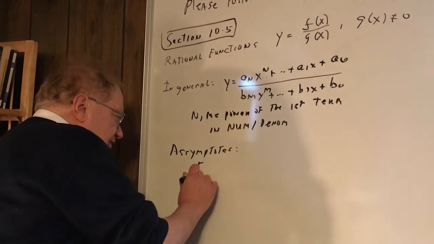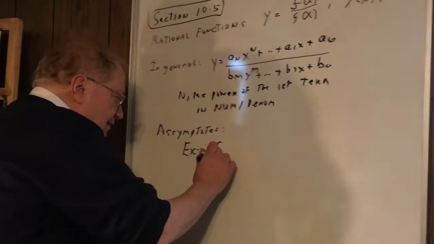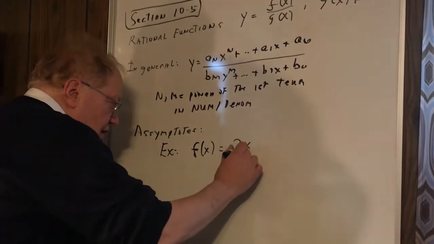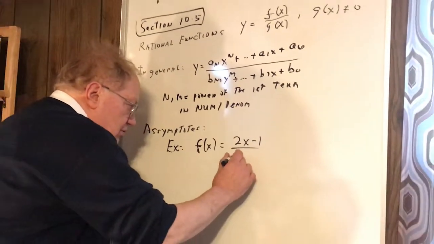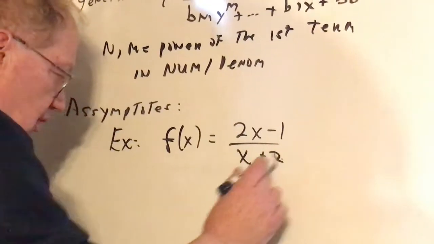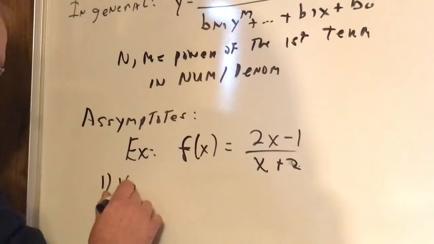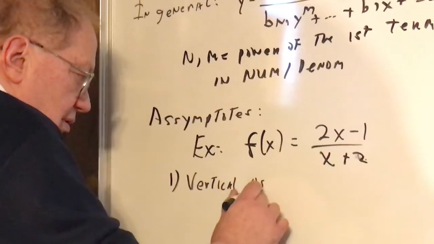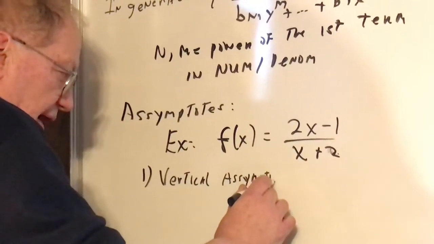So let's take an example to start with, one pretty easy. We're going to have f of x equals (2x minus 1) divided by (x plus 2). Now we're going to look at the vertical asymptote. I'm not going to write this all the time.